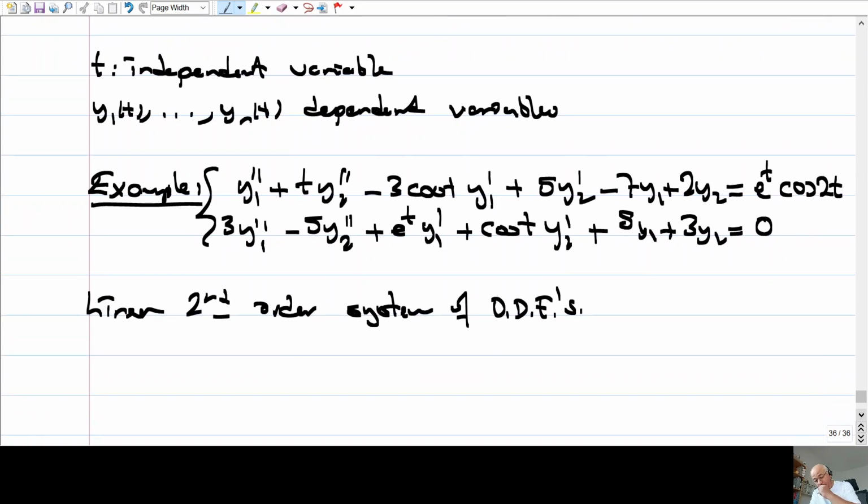Well, in this chapter, we will consider first order equations. It means we will have only first derivatives, not second derivatives.